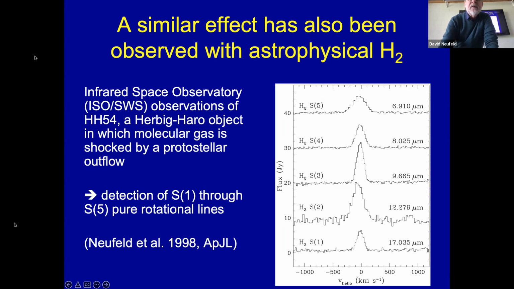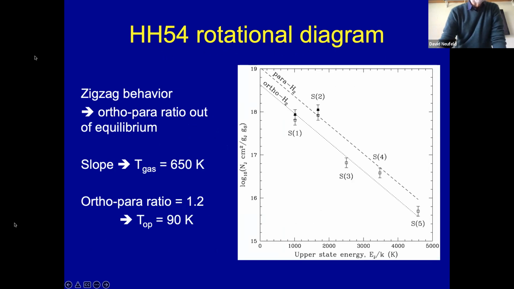And towards this object, we detected 5 pure rotational lines of H2. And to analyze such observations, astronomers often construct what we call a rotational diagram. So this is a log-linear plot where we plot the logarithm of the number of molecules we find in a particular state, divided by its degeneracy.